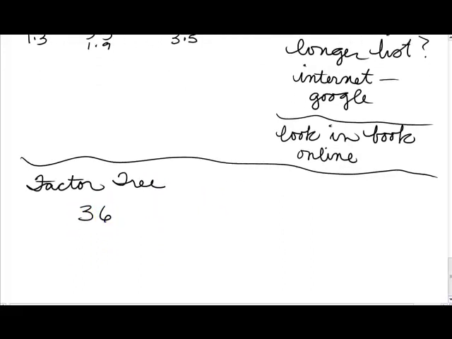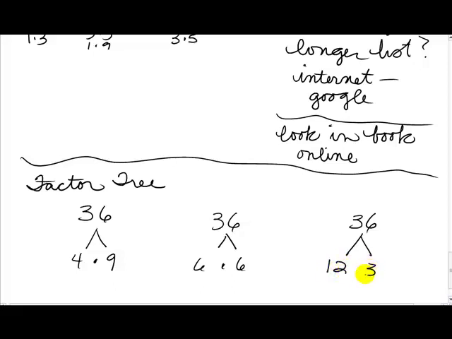So let's look at 36. There are several ways to start 36. We could start 4 times 9, or maybe 6 times 6, 18 times 2, 12 times 3. Let's do 12 times 3.